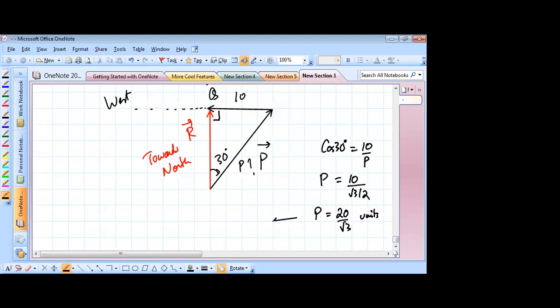So that means the magnitude of the force P, because Q was in newtons, this will also be in newtons. So it should be 20 by root 3 newtons, because the magnitude of Q was.